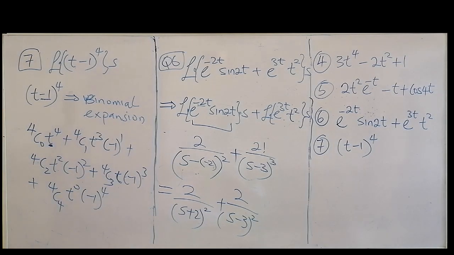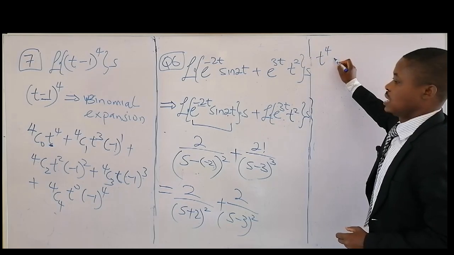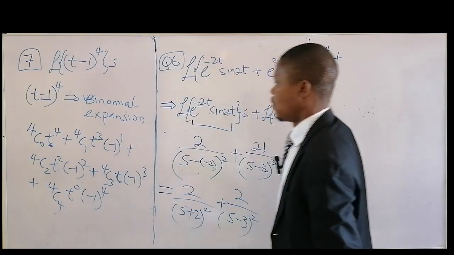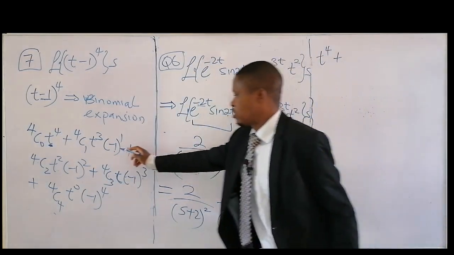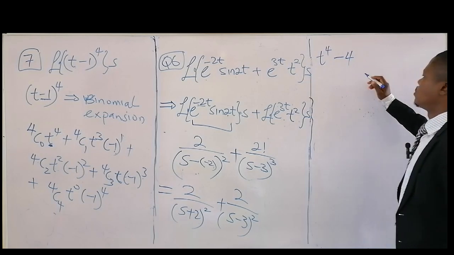So the binomial coefficient is 1, so we have t to the 4 here, plus 4 combination 1, that's 4, and this one is minus 1 to the power 1, so that will be minus 4.